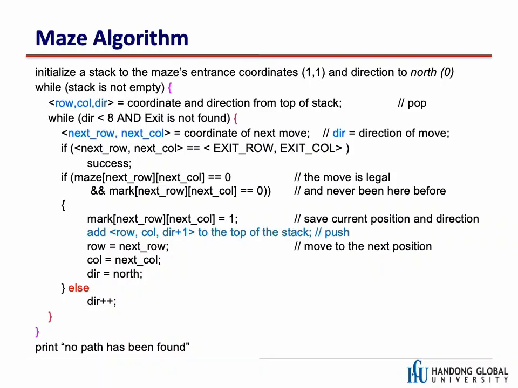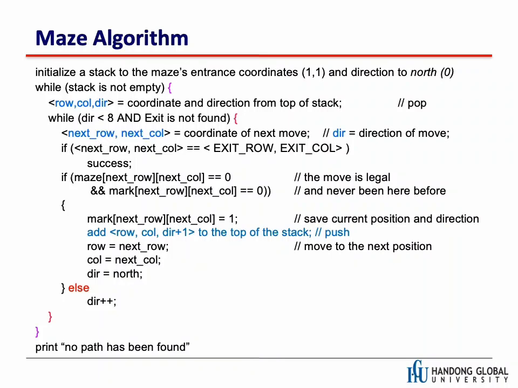Then we go back to the first while loop, and if the stack is not empty, then we pop and get the saved entry. This one is coming from the push. In the middle of this implementation, in the if statement, we have a push operation. So whenever we move to the next position, we push the next possible option.